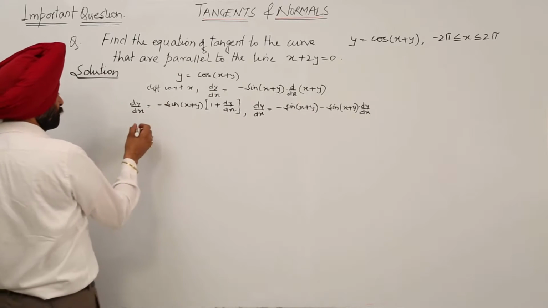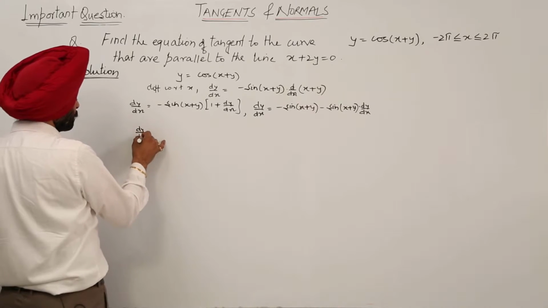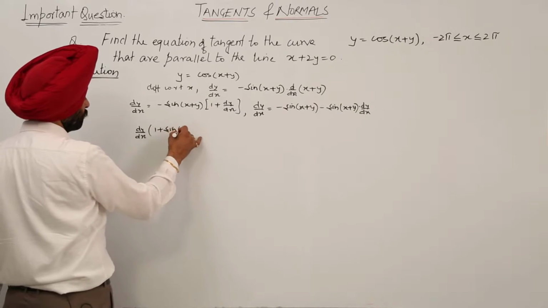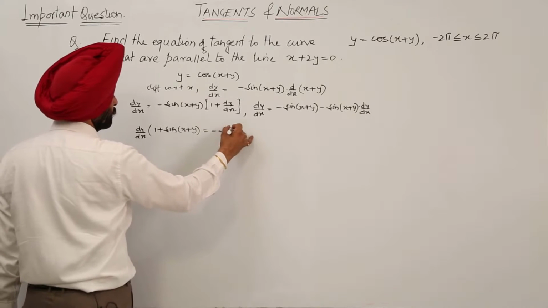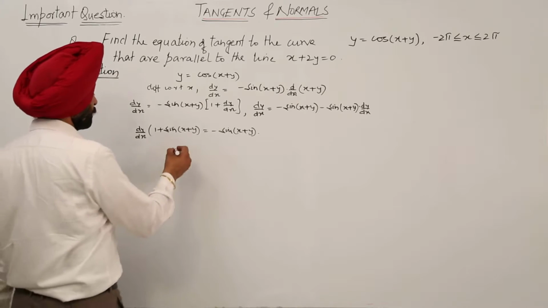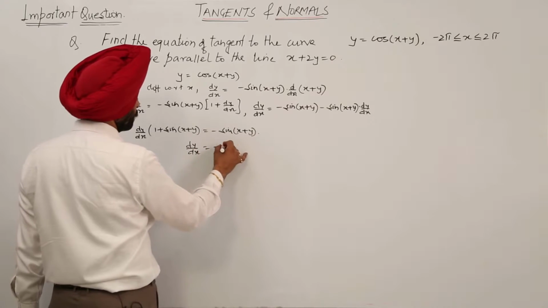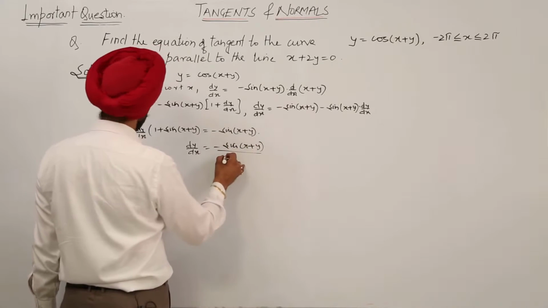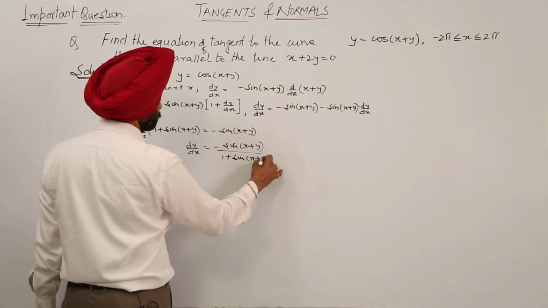So taking that term to this side, we have dy/dx common with (1 + sin(x + y)) equal to -sin(x + y), and dy/dx is equal to -sin(x + y) upon 1 + sin(x + y).